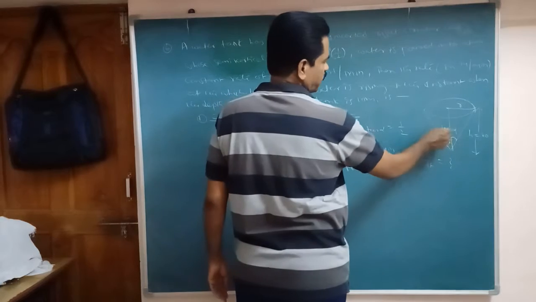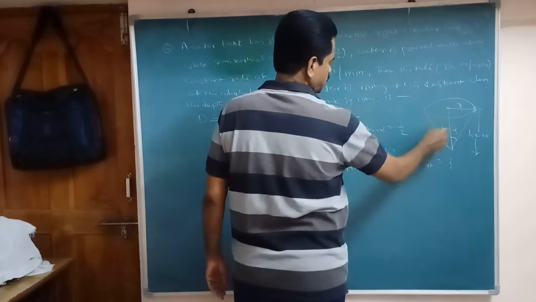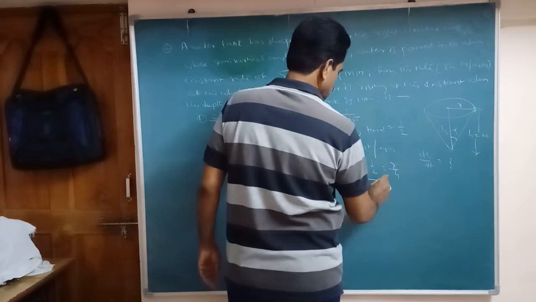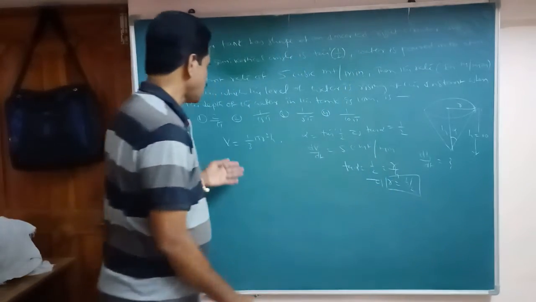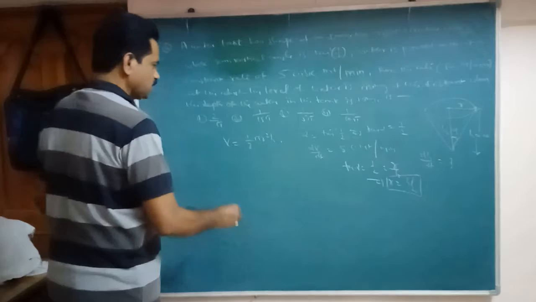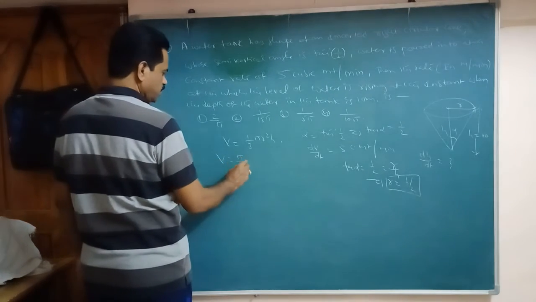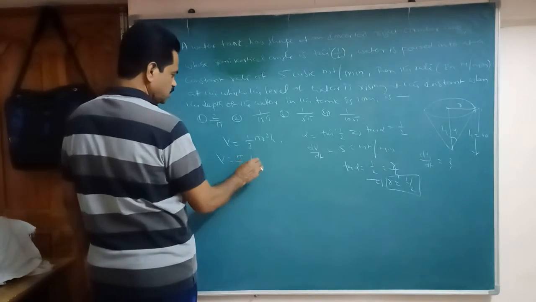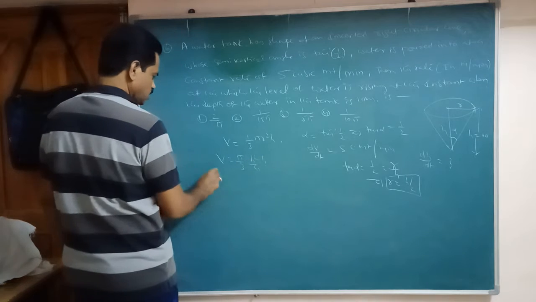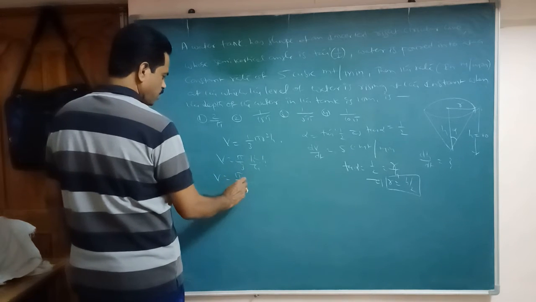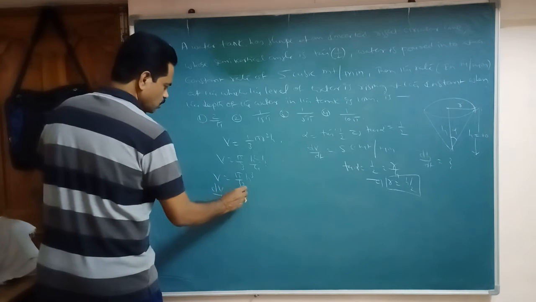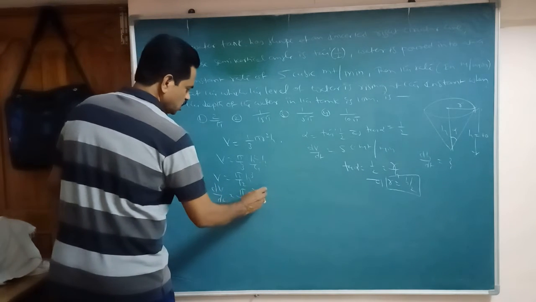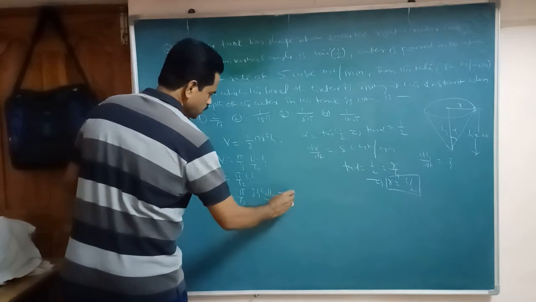From the figure, tan alpha equal to opposite by adjacent, r by H. Then r equal to H by 2. So we convert to a single variable. V equal to pi by 3 into, substituting r, H square by 4 into H. Then V equal to pi by 12 H cube. That is dV by dt equal to pi by 12 into 3H square dH by dt.